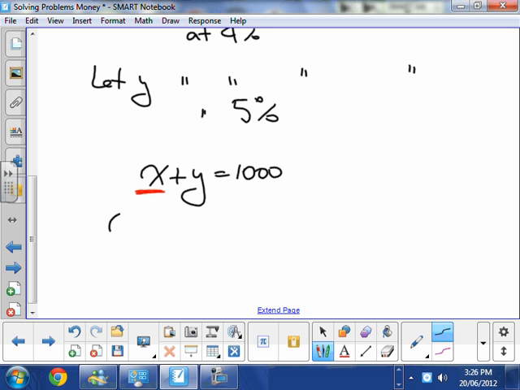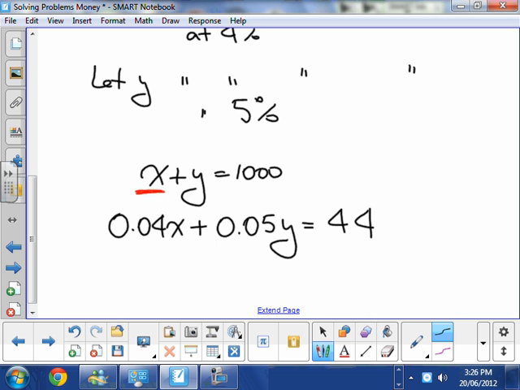Simply take 4% and multiply by the amount, which is unknown. 4% changed into decimal form is 0.04, multiplied by the amount of first investment, plus 0.05, multiplied by the amount of the second investment, and it has to give me $44. Okay, so this is the equation in terms of amounts. Am I correct? That's correct. And this is the equation in terms of interest. Am I correct? That's correct.